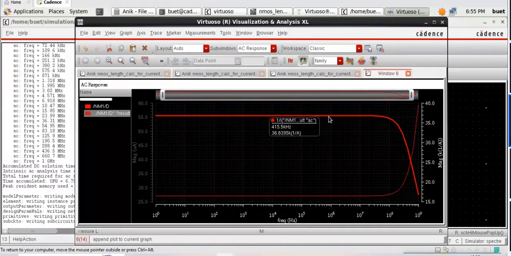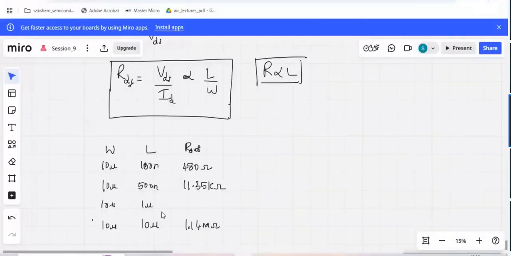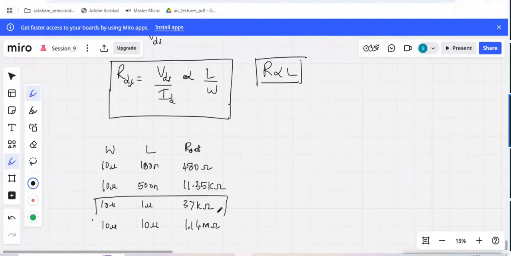The frequency is changing, but the resistance is constant across all the frequencies, 36.8. So I can consider it to be 37 kilo ohm. That's what I told. It is not that you go ahead and choose any random value. So I can fix up this one.